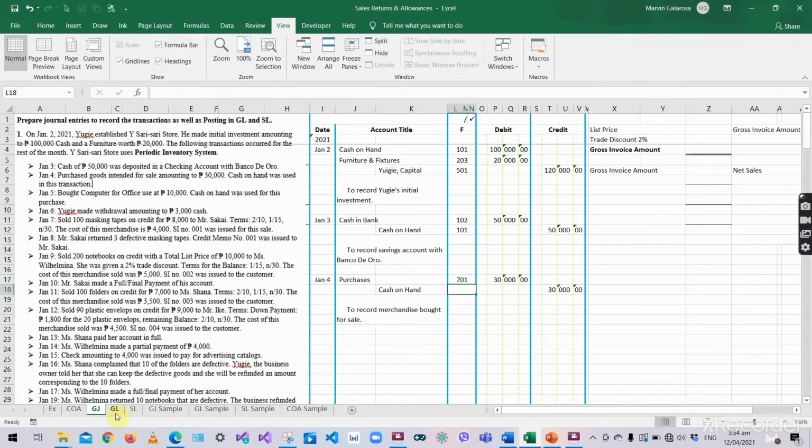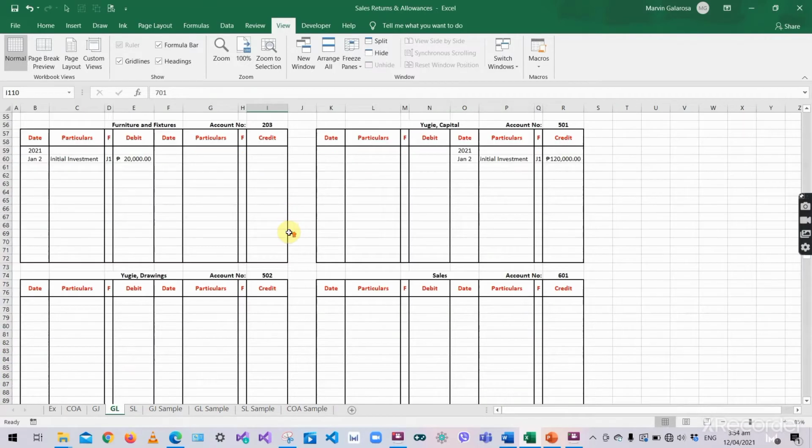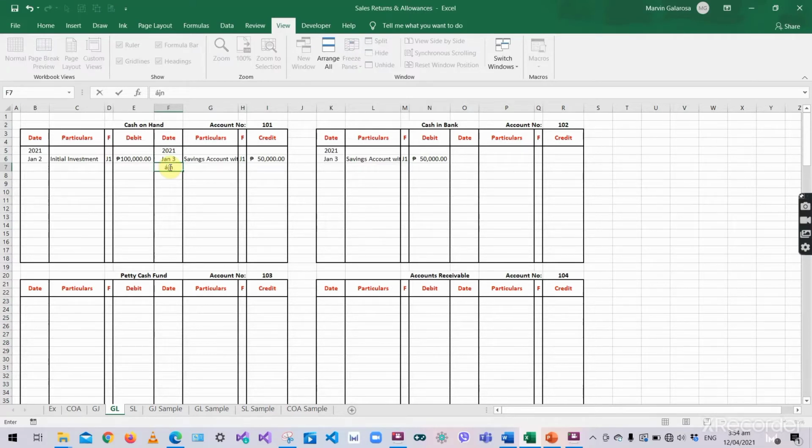Credit naman sa cash on hand na 30,000. So, sa credit side tayo, January 4. Bought merchandise. J1, 30,000.